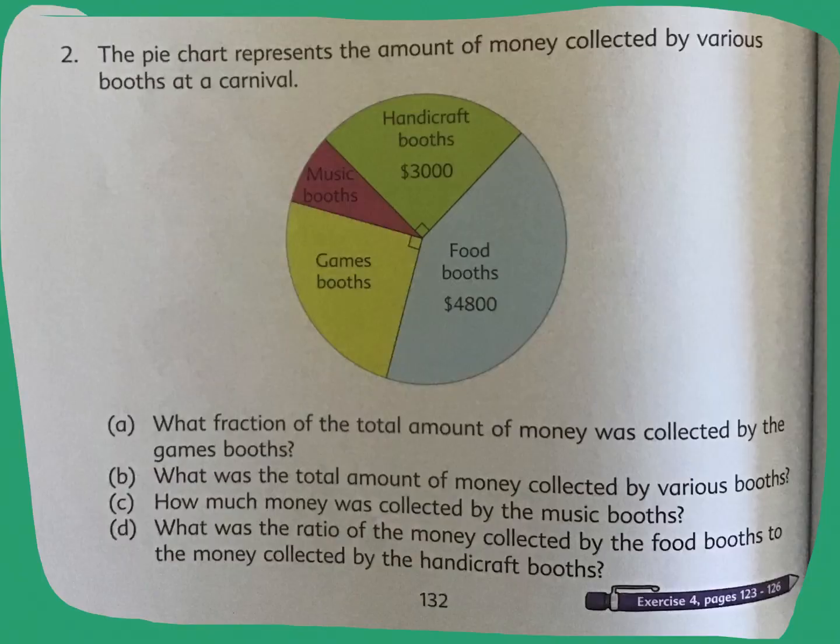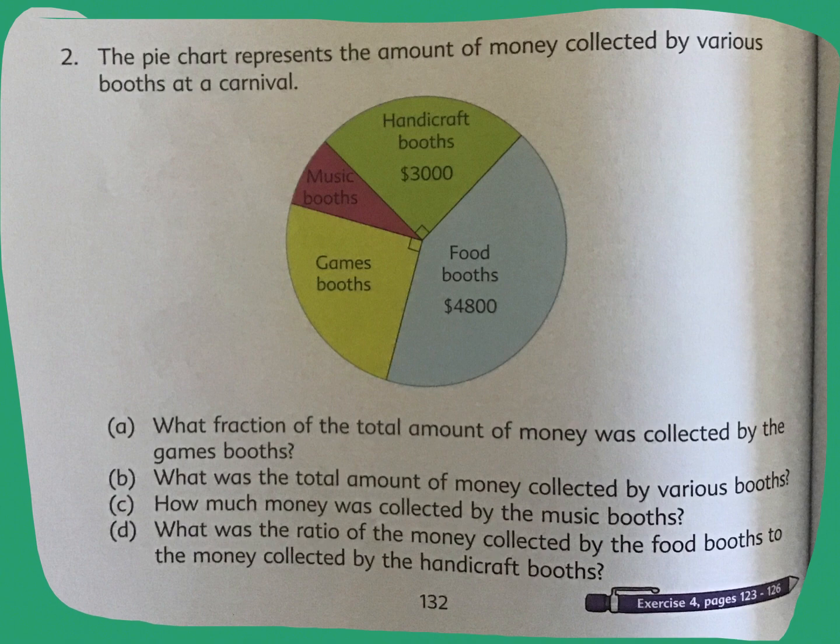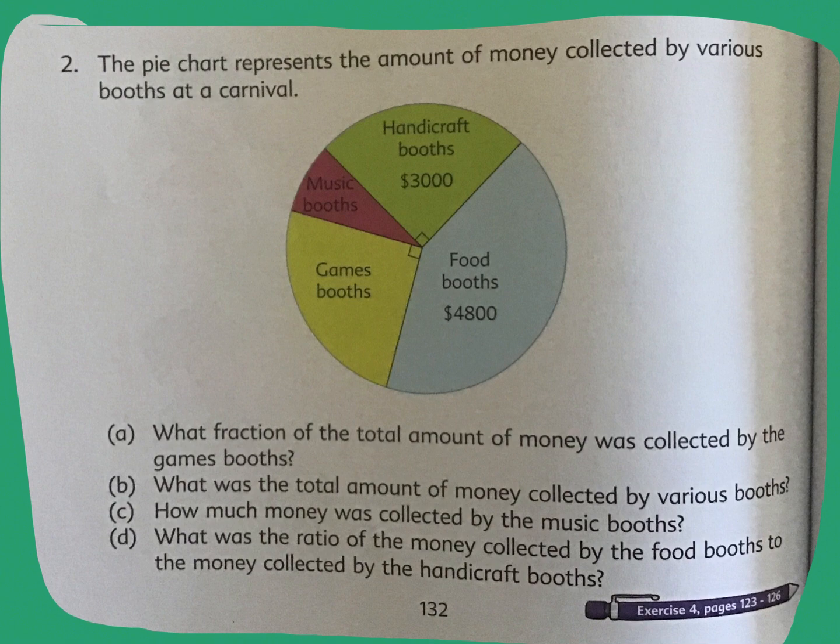Okay. All right, let's look at this one. A pie chart. The pie chart represents the amounts of money collected by various booths at a carnival. One thing that I noticed right away is if this is 1/4, I know that that would be 4 pieces, so 3,000 times 4.